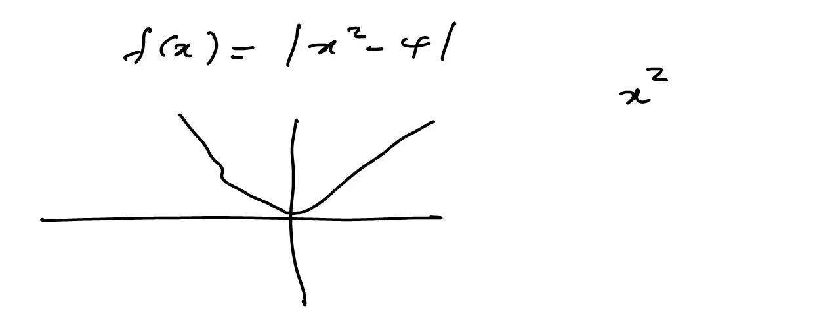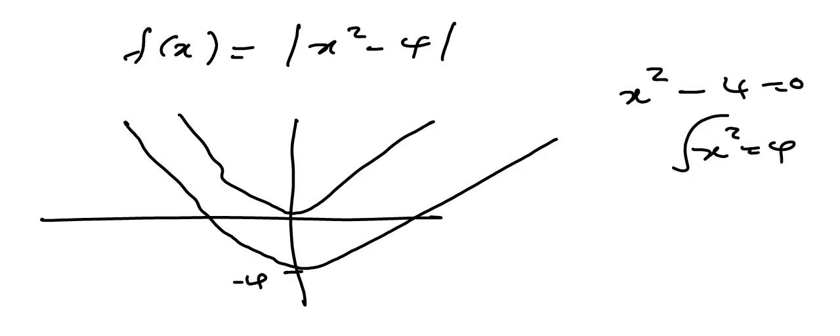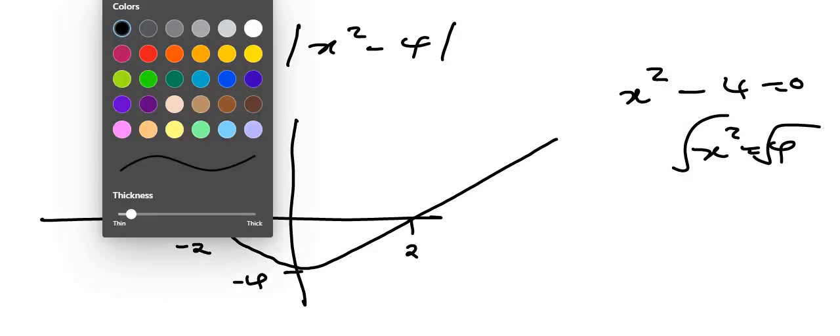Then they are saying we move it down by 4 steps. So this thing came down by 4 steps, meaning it simply passes there now. And when you solve this, equate it to 0, x squared is equal to 4, square root both sides. The values of x are simply going to be a negative and a positive 2. These are the two places where we're touching the x-axis.